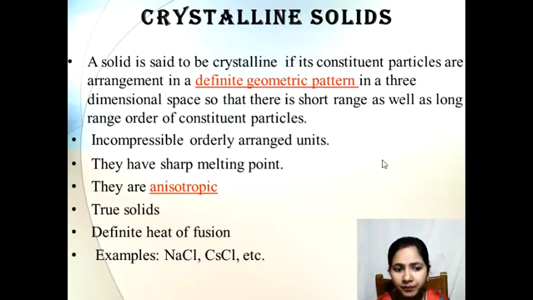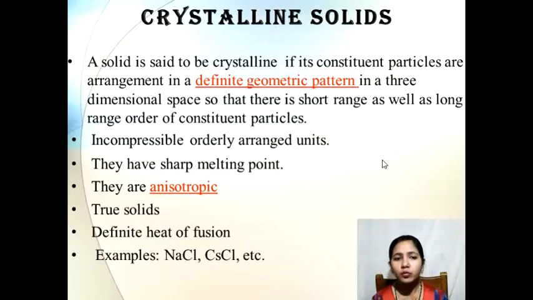They are not the same. So it is called as anisotropic. Now crystalline solids are called as true solids. This is again important. They are having high heat of fusion. Some examples are given here: sodium chloride, cesium chloride, etc.